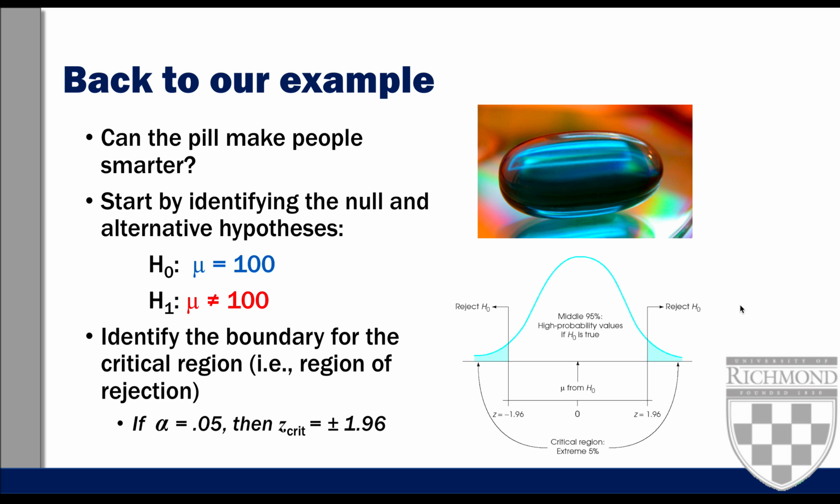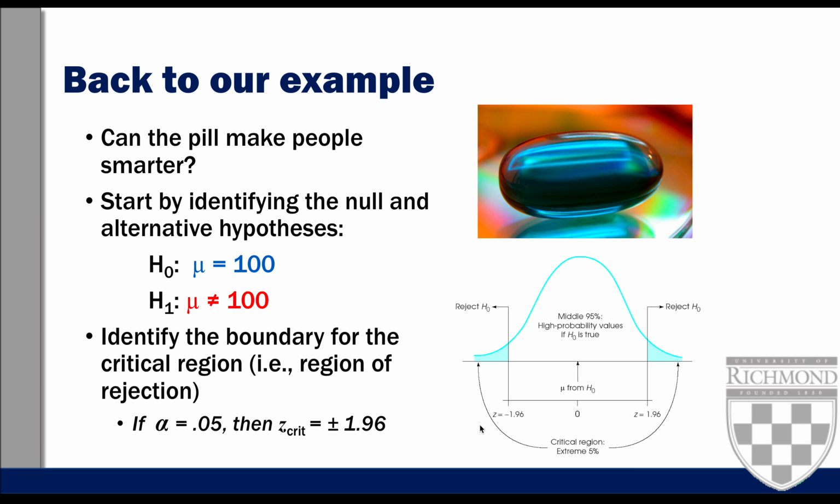Then we're going to identify the boundary for the critical region. Keep in mind that we want the critical region to represent 5% of the area under the sampling distribution. We're going to put 0.025 of the area here, 0.025 here. Using a z-table, we know that those z-scores correspond to plus or minus 1.96. So if it's 0.025 here, 0.025 here, we sum those together, that's 0.05.